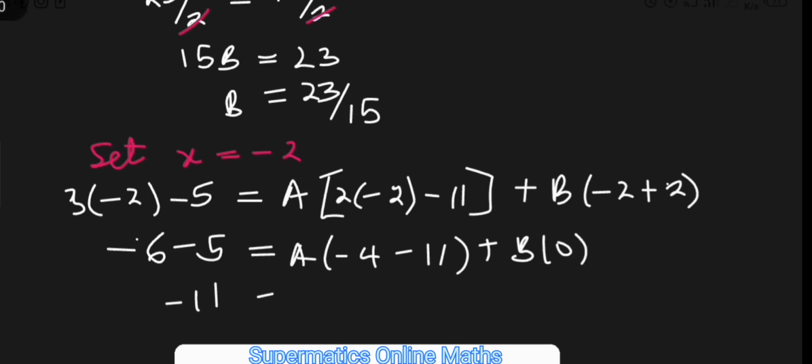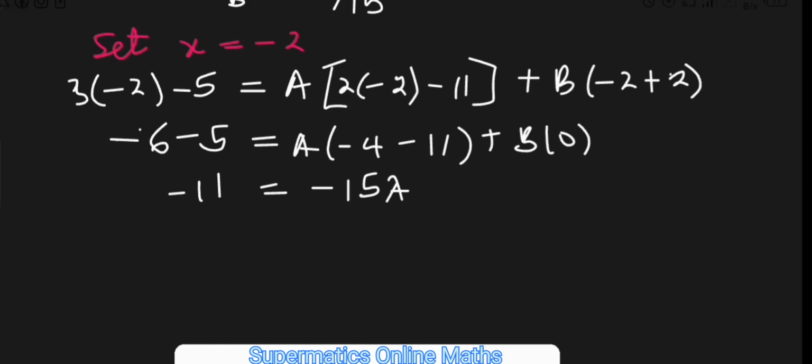Hence, negative 11 is equal to negative 15A, where we divide by negative 15. So dividing by negative 15, we have A equal to 11 over 15.